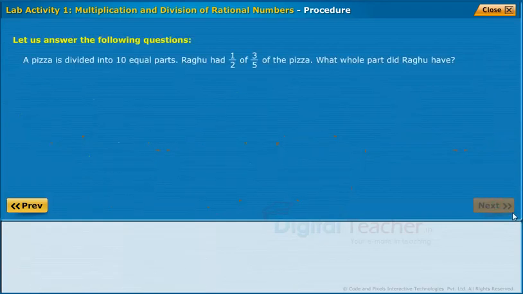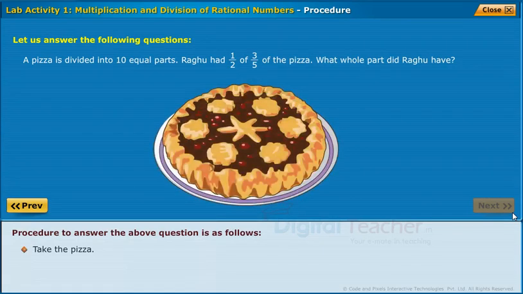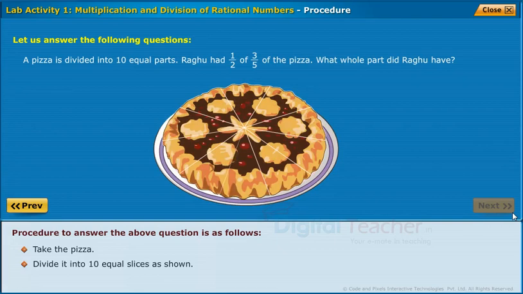A pizza is divided into 10 equal parts. Raghu had 1/2 of 3/5 of the pizza. What whole part did Raghu have? Procedure to answer the above question is as follows. Take the pizza, divide it into 10 equal slices as shown.